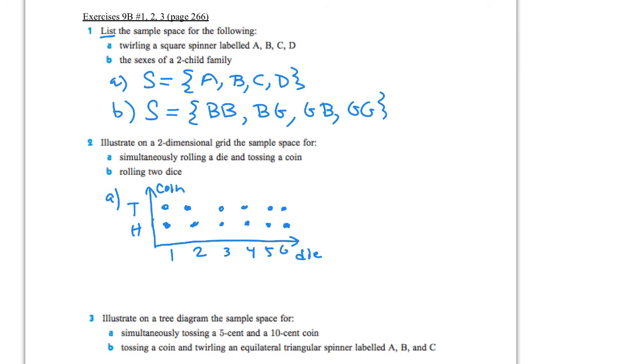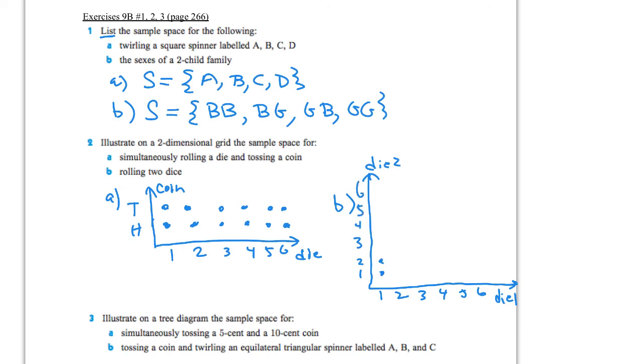Okay. Part B, if I roll 2 dice, well, now my grid's just a little bit larger because I'll need an axis for die 1, we'll need an axis for die 2, and we need the numbers 1 to 6 on each one. So you see here, by the time I fill this grid in, I'm going to have 6 dots 6 separate times, so we'd have 36 outcomes in this 2 dice sample space.